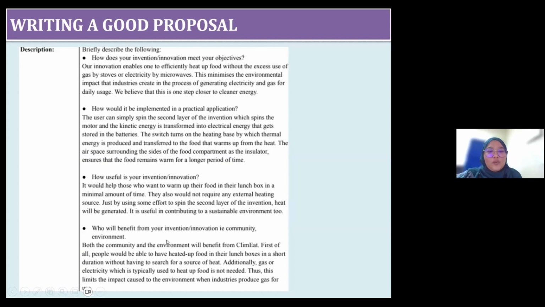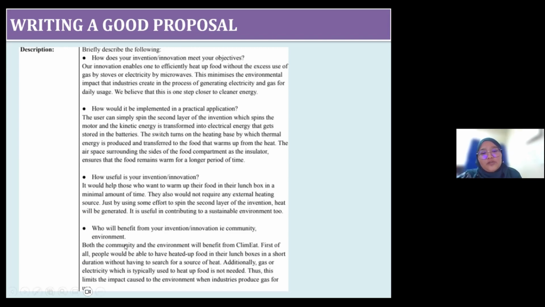So next is who will benefit from your invention or innovation, for example the community or the environment. Just now they already spelled out their SDGs, climate action and good health, for example. Looking at that, they know their target users are both the community and the environment, as their SDGs cover a few areas.